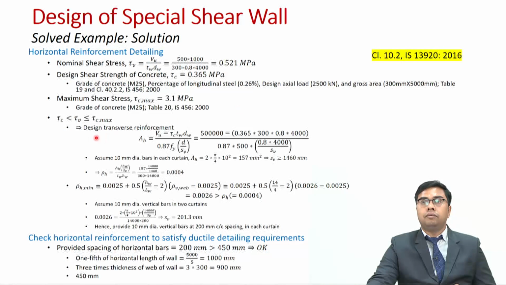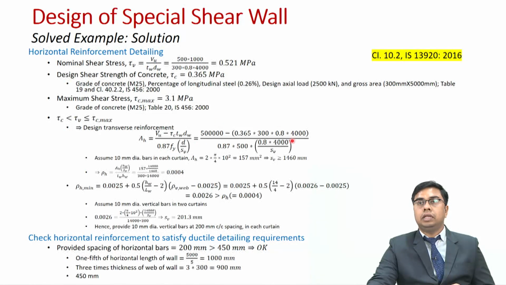So, that is why we have now designed the transverse reinforcement, A_H being equal to (V_U minus tau C t_w d_w) divided by 0.87 f_y d / S_V. Here V_U is the design shear force for which we need to design the section, and tau C t_w d_w represents the shear force that can be resisted by the concrete in the shear wall.